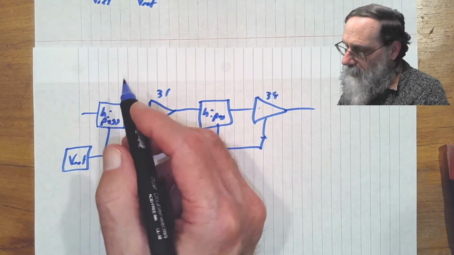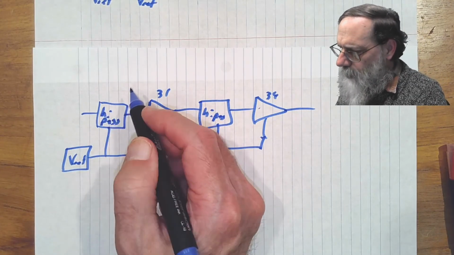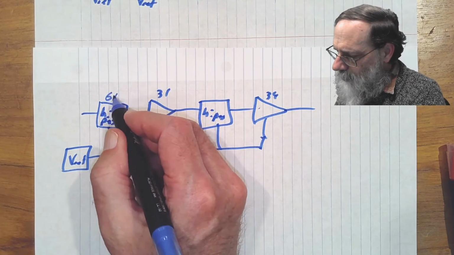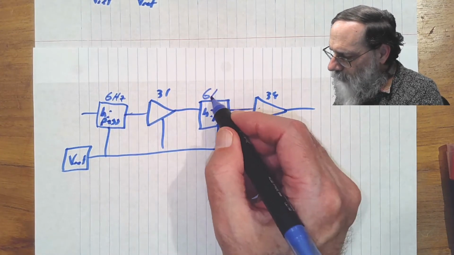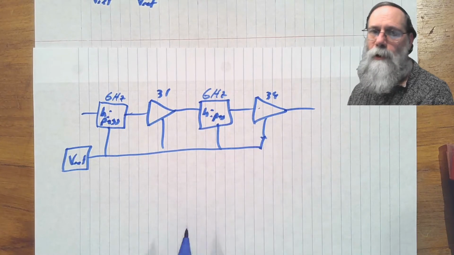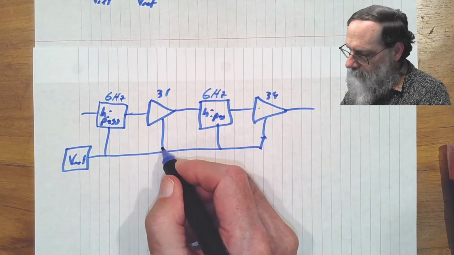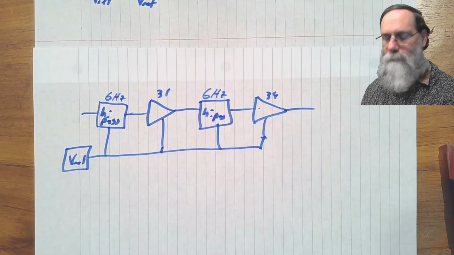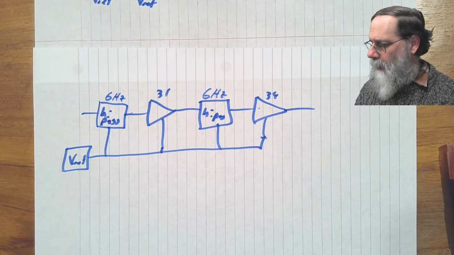And these can be, well, let's make this a little bit lower than 10 hertz. Maybe we can make this about 6 hertz this time. And that way we can be sure that the 10 hertz will still go through both of the filters without getting too much attenuation.